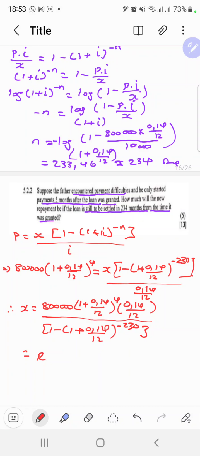Now let's do this complicated calculation. So we have 800,000 into 1 plus 0.14 over 12 to the exponent 4, multiplied by the interest rate here, and then all of that we are going to divide by 1 minus this 1 plus.